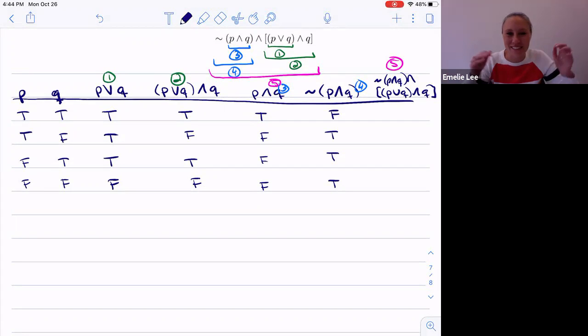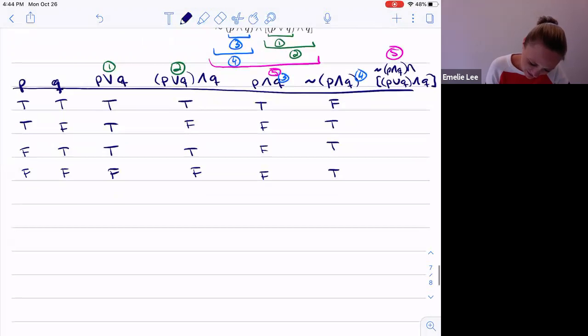True and false makes a false. False and true makes a false. True and true, woohoo, makes a true. False and true makes a false.